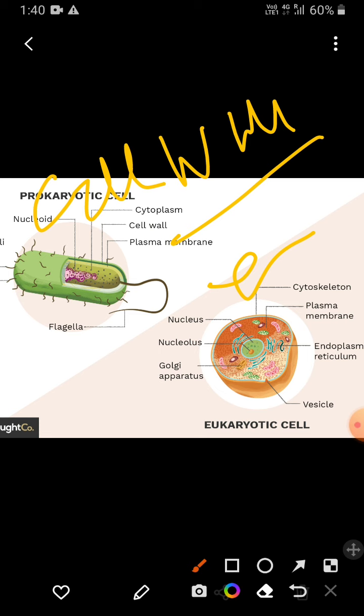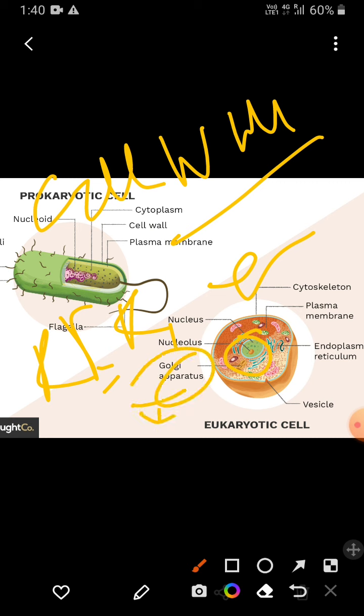But in the eukaryotic cell, it is present inside the nucleus. Prokaryotic cells lack RER and SER, eukaryotic cells possess them. Prokaryotic cells lack the Golgi apparatus, eukaryotic cells possess it. Okay, prokaryotic cells most importantly lack mitochondria, but eukaryotic cells possess mitochondria, and that is why prokaryotic cells rely on the environment for their energy.